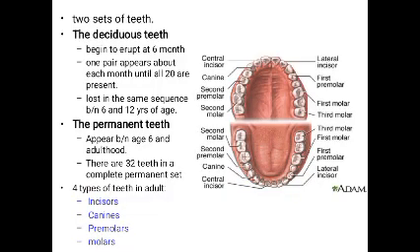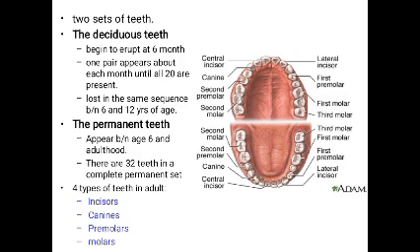Two sets of teeth. The deciduous teeth begin to erupt at 6 months. One pair appears about each month until all 20 are present, and they are lost in the same sequence between 6 and 12 years of age.